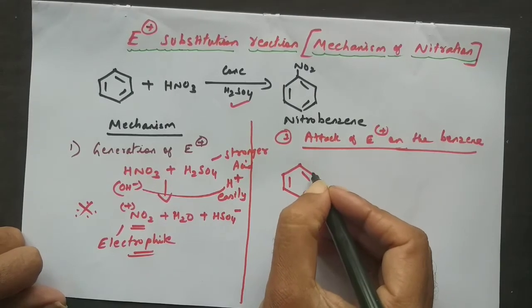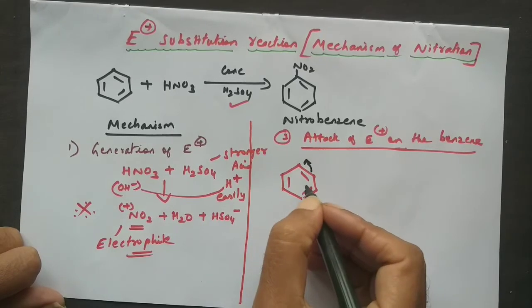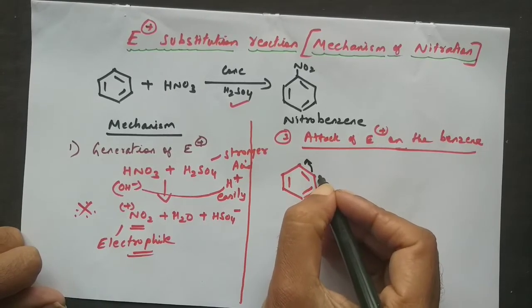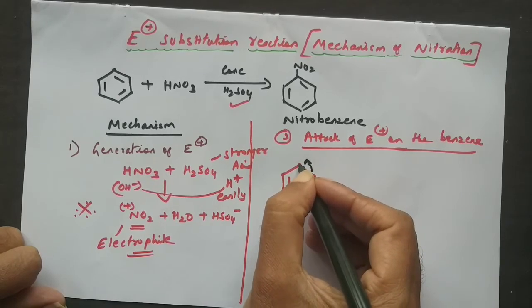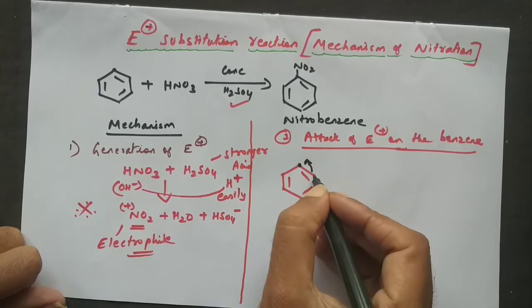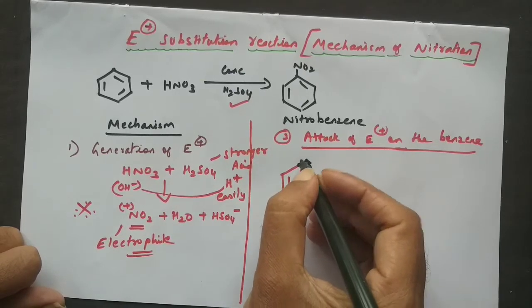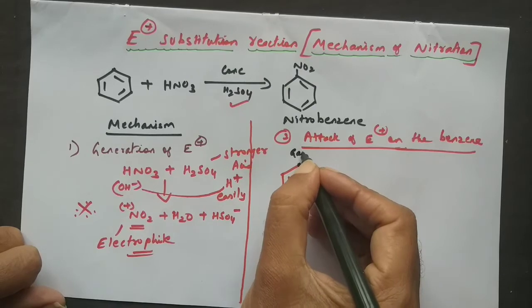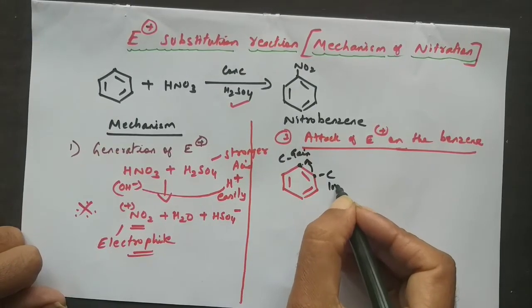The 2 pi electrons from any double bond move from here to there. If this is one carbon and this is another carbon, because the electrons are moving, this carbon will gain the electron and this carbon will lose the electron.